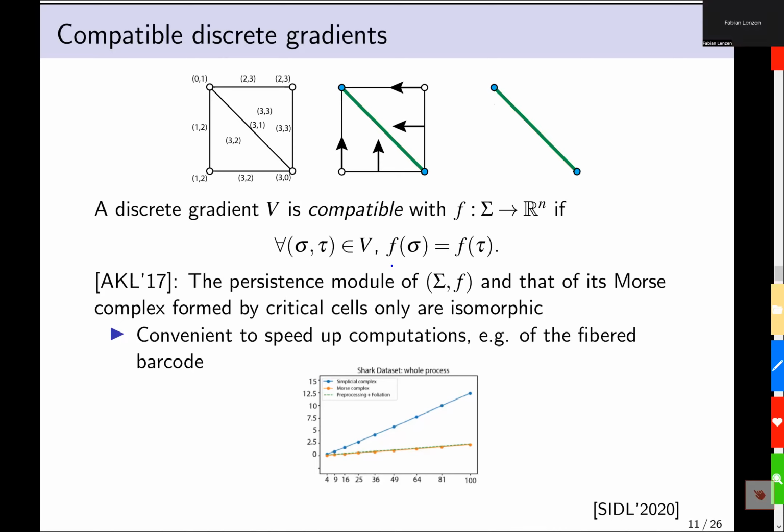And this graph here, which is practically overlapping, shows that all the heavy computation is really choosing the line and reducing, not so much computing the Morse complex, because this is the full process.